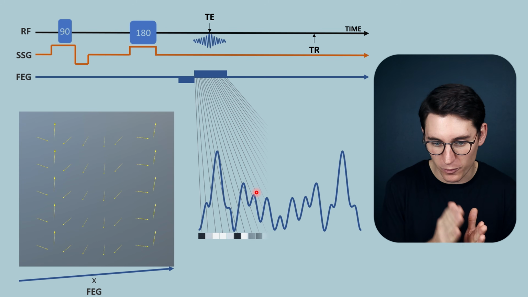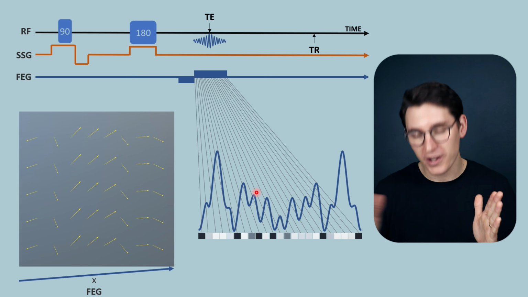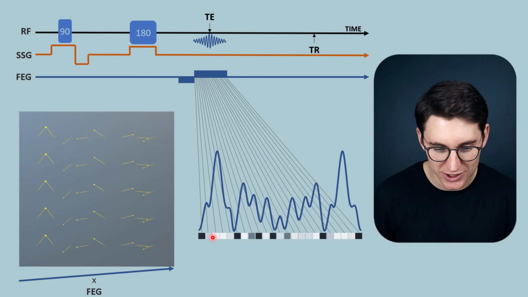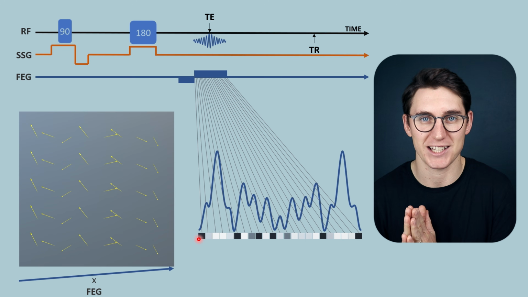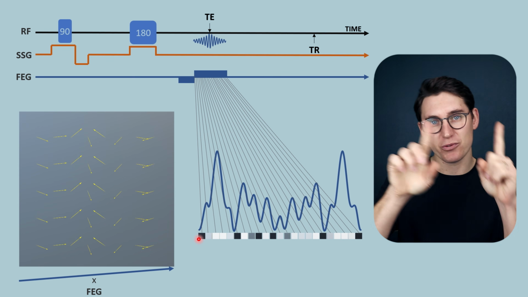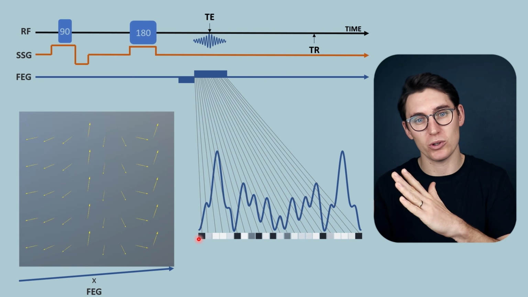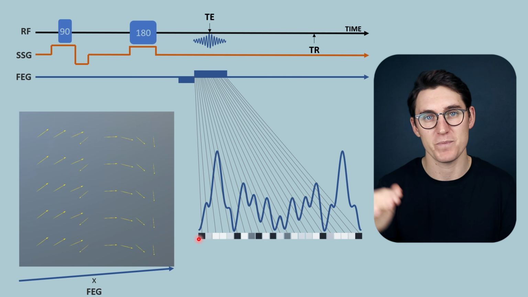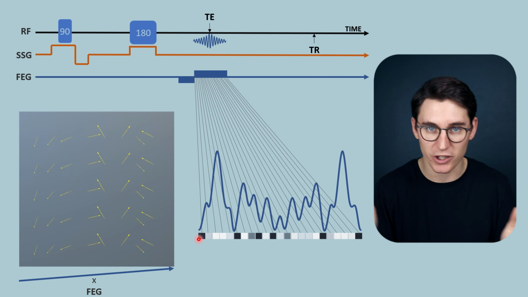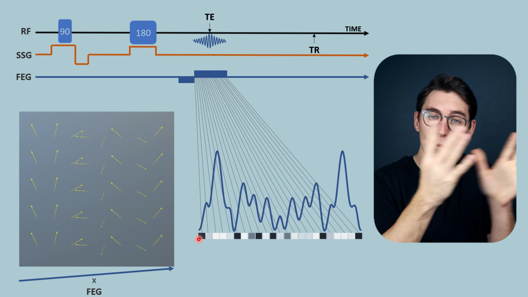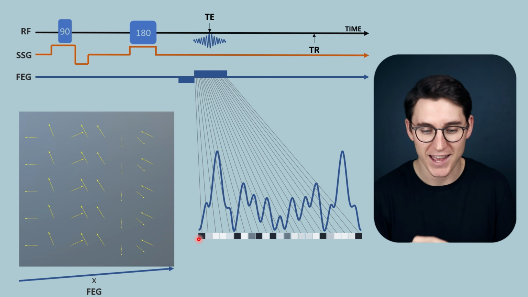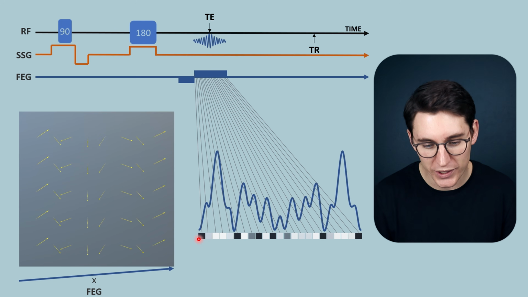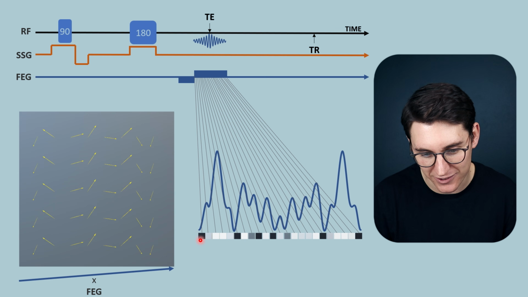Again, we sample multiple times over a period of time, and we get discrete values depending on the amplitude of that net magnetization vector. When all of those frequencies are generally pointing towards our receiver, we're going to get a high value. When they're cancelling each other out, we're going to get a much lower value. When they're all pointing away from the receiver coil, we're going to get a much lower value. And these discrete values we can represent as a grayscale here.